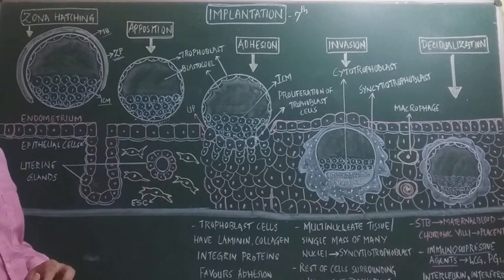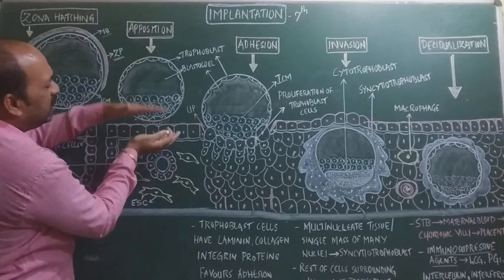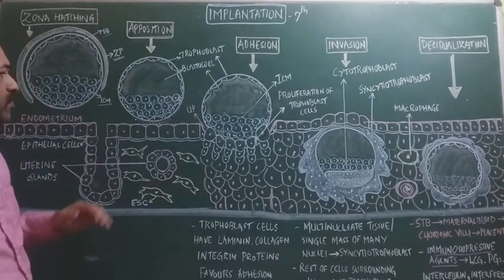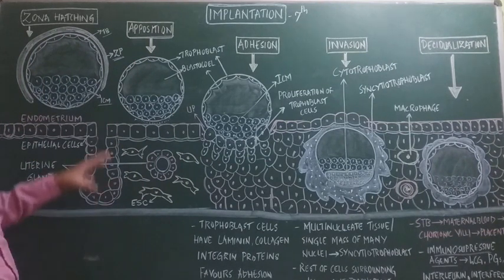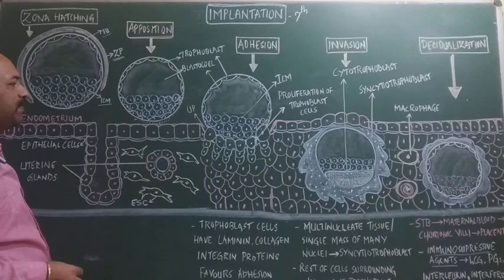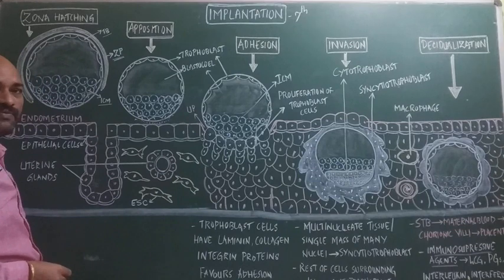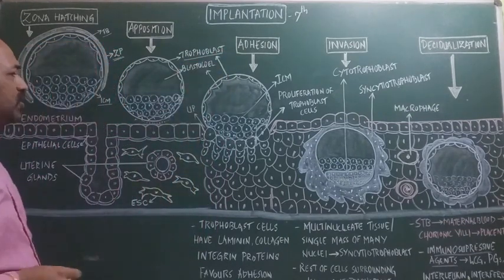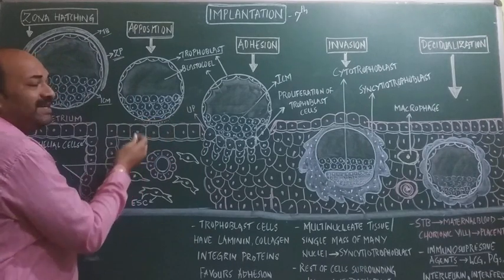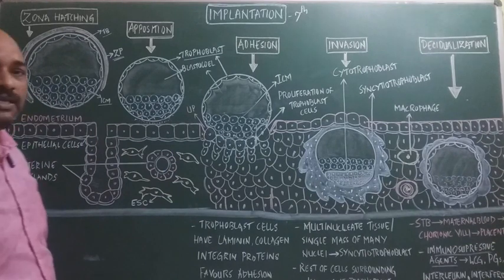First step done. The second step is apposition. Apposition is basically a loose connection of the blastocyst to the endometrium. How does this step occur? The outermost layer of flat cells of the blastula is the trophoblast. The trophoblasts nearer to the endometrium release lytic enzymes.